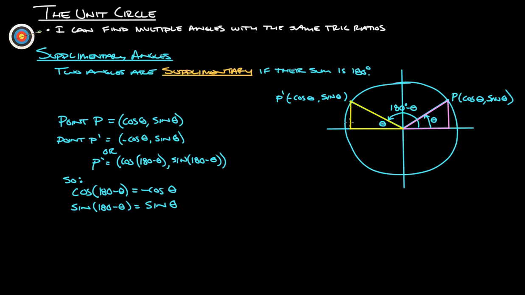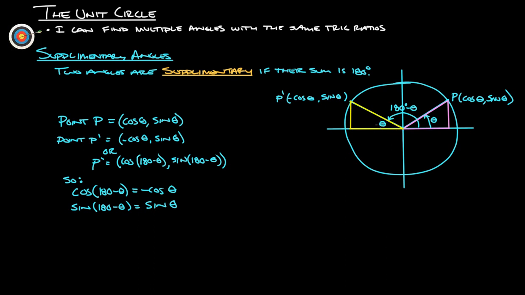So again, that sine will still be the same. Here's theta, and then here's 180 minus theta. So really look at this as these are both thetas. So again, the P prime here, the cosine over here is going to be the cosine of 180 minus theta, and that's also going to be the sine of 180 minus theta.